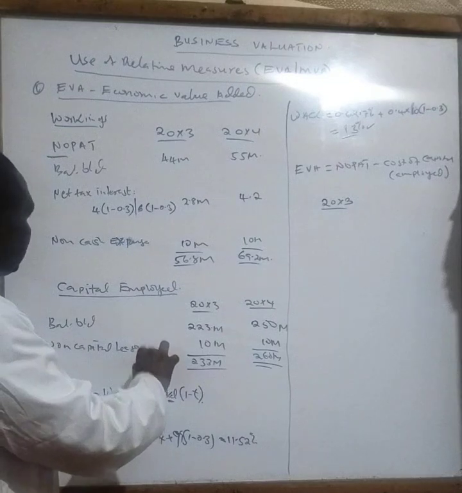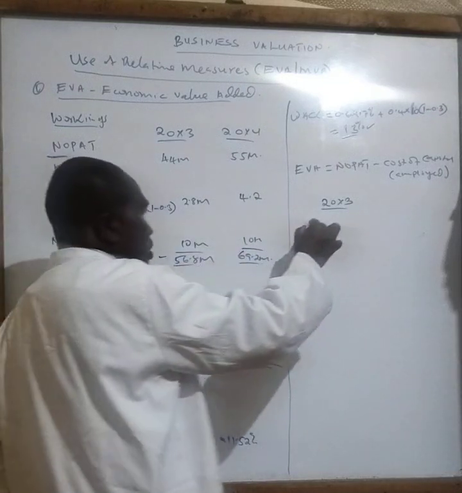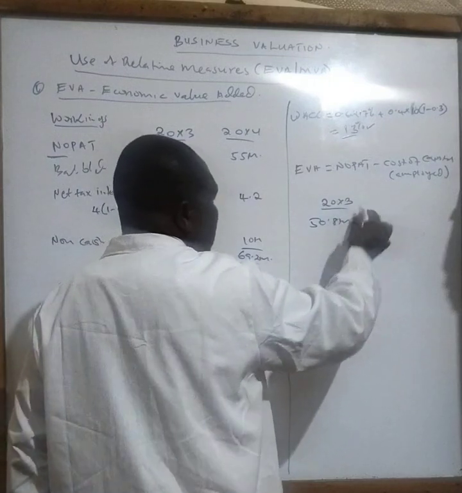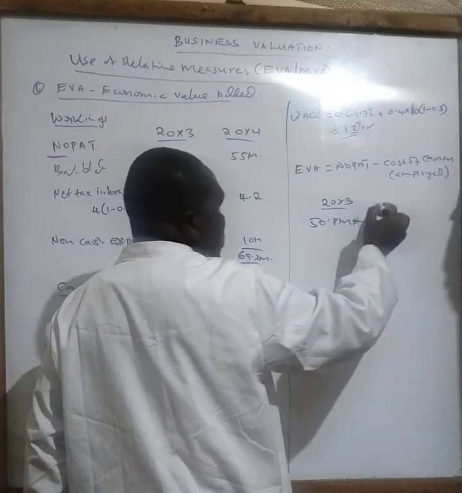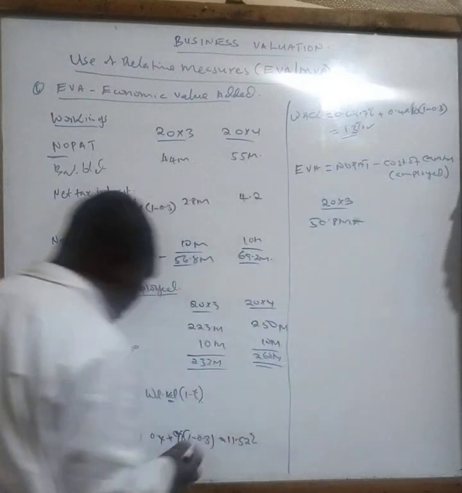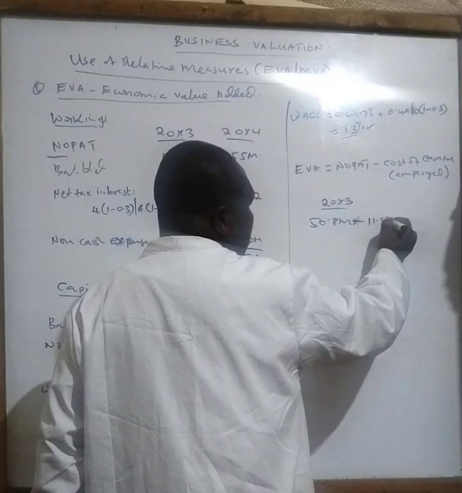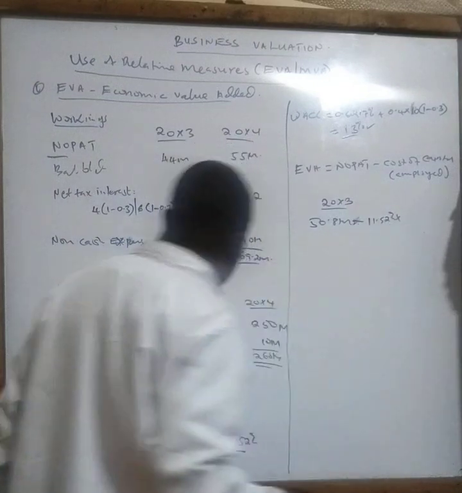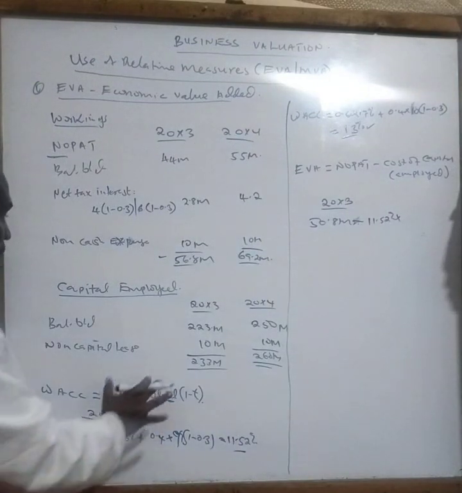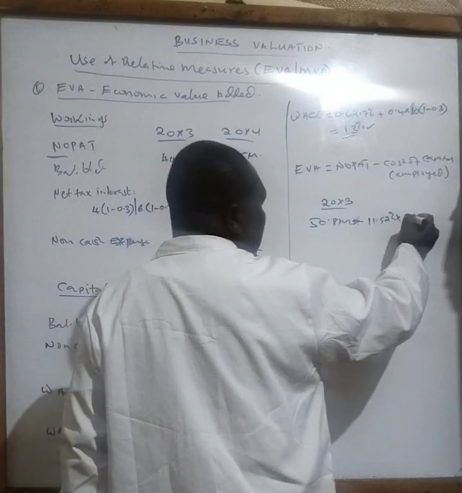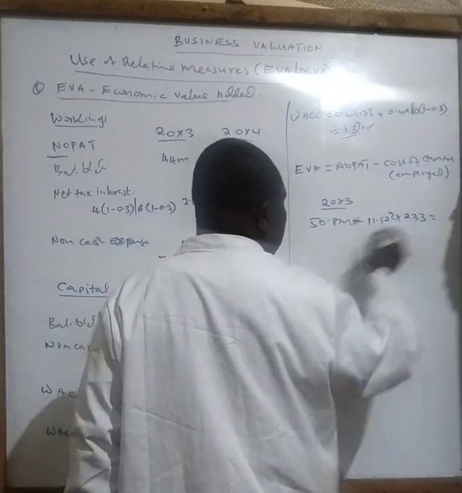NOPAT for 20x3 is 56.8 million, minus cost of capital, in this case for 20x3 we found to be 11.52% times the capital employed. Capital employed for 20x3 is 233. You get the answer.